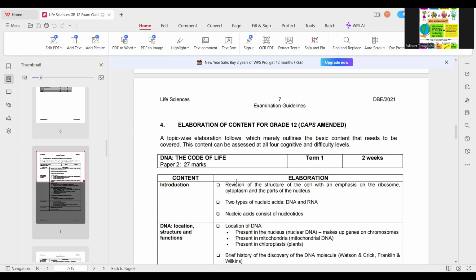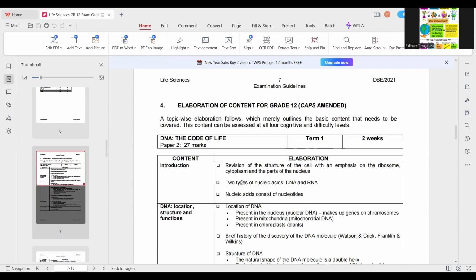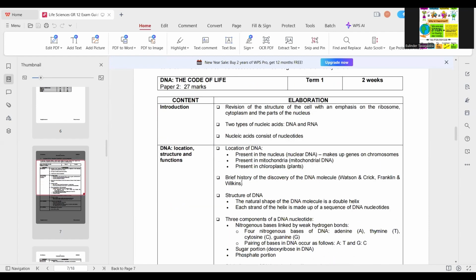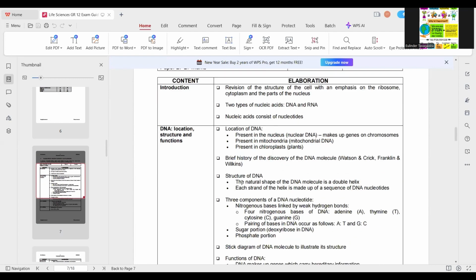Of course, in our next lesson, we are going to explain further what exactly DNA is. What exactly are you supposed to know in DNA, the code of life?